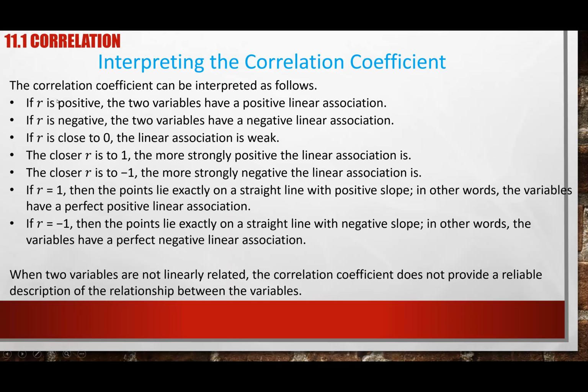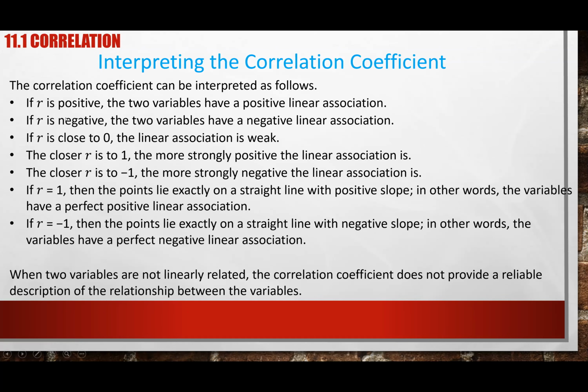And if R is positive and close to 1, we say that they are strongly positively linearly associated between the two data. If R is actually equal to 1, which is very hard to find, it's basically all of your data lying exactly on the line. Meaning, if you draw one line, all of your data is on that line, and that's where R is equal to 1.